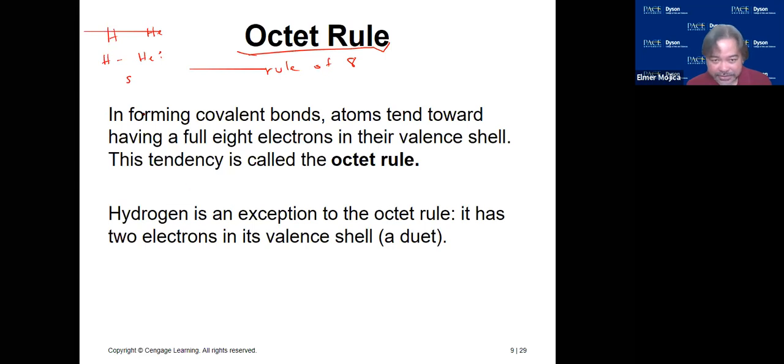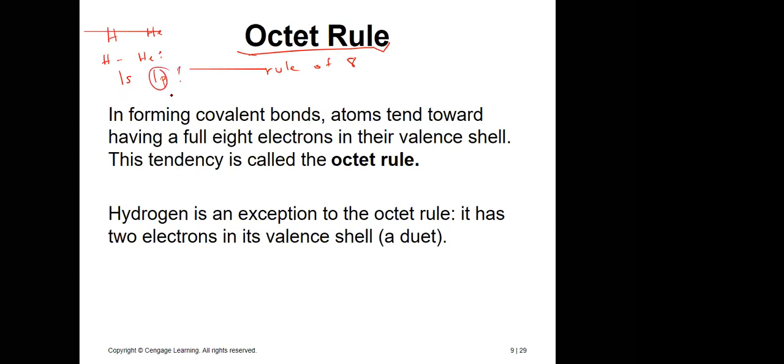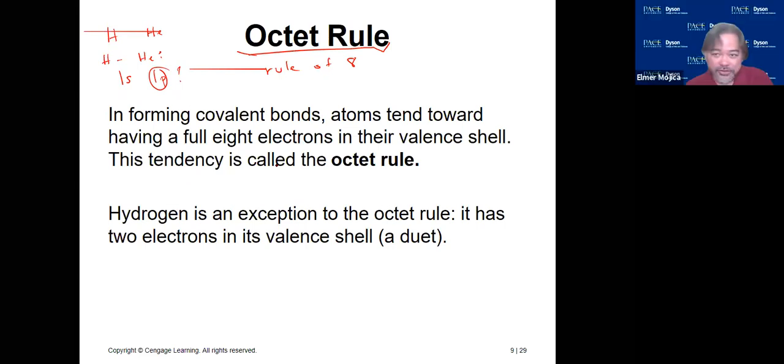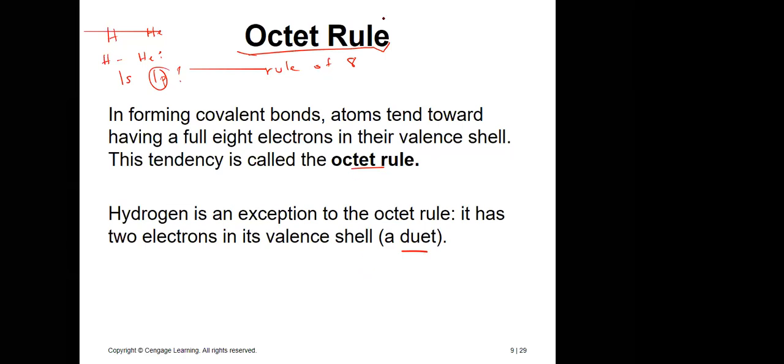They can only hold 2 because they only have the s orbital. In the first period, you only have one s. Is a p present? No. So you only have the s orbital there, and you can only accommodate 2. So instead of the octet rule, they follow the duet rule.